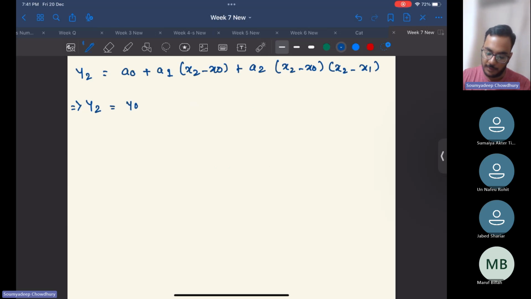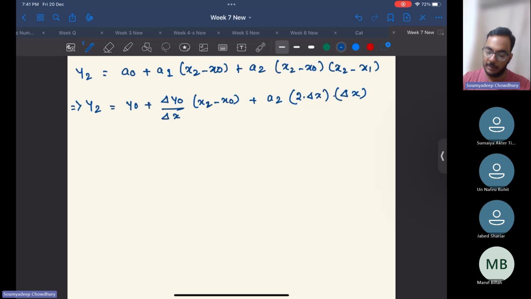A0 we substitute as y0. A1 we substitute what we got, delta y0 by del x into x2 minus x0, plus a2 times the remaining product. What is x2 minus x0? X0, x1, x2: the gap between consecutive values is delta x. So x2 minus x0 will be 2 delta x, and x2 minus x1 will be delta x.